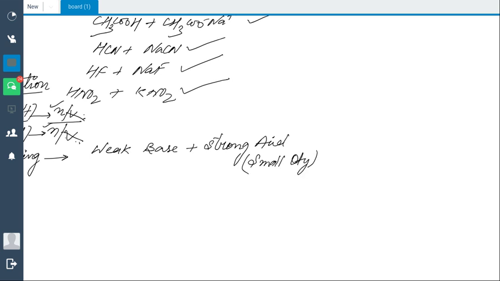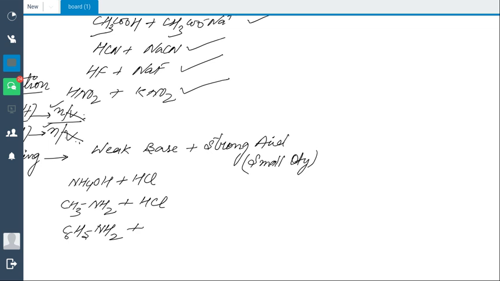Okay. So which weak bases do you know? NH4OH, with the strong acid HCl. Okay, any other weak base? Yes, all the organic bases are weak bases. Methylamine plus HCl. C6H5NH2, this is aniline, plus HCl. And now what is it going to form?